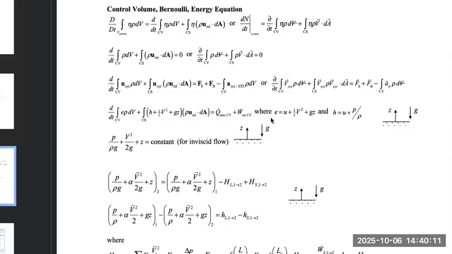Another thing to note here is that the linear momentum equation has this acceleration component, and that is if we consider it from a non-inertial reference frame. But over here we are in an inertial reference frame, so we don't have to worry about this component since the structure isn't moving. So the control volume is fixed.